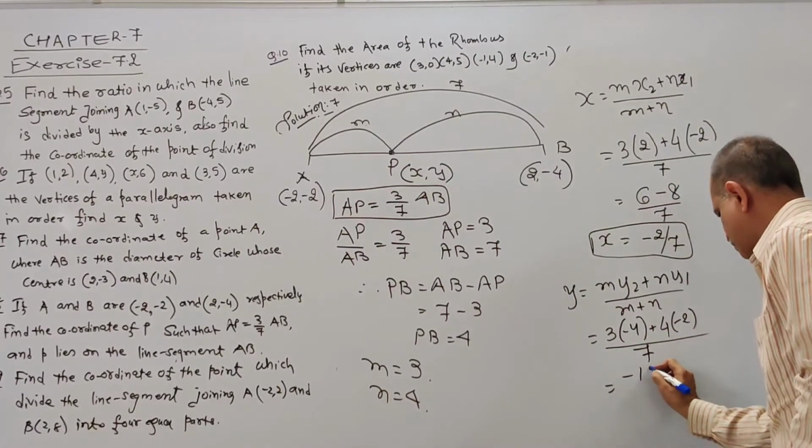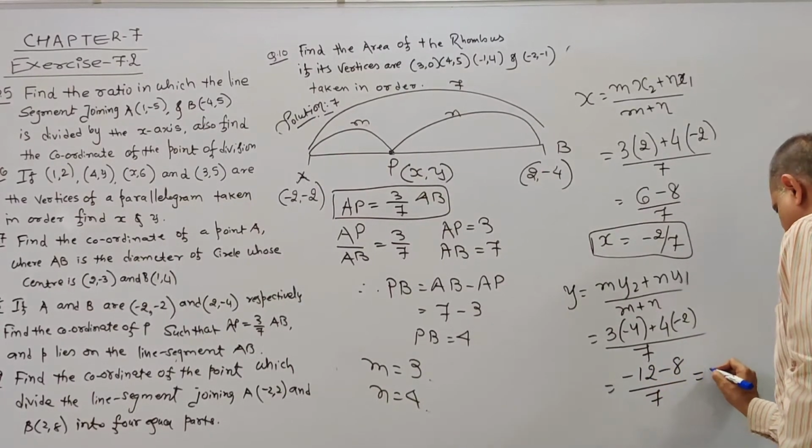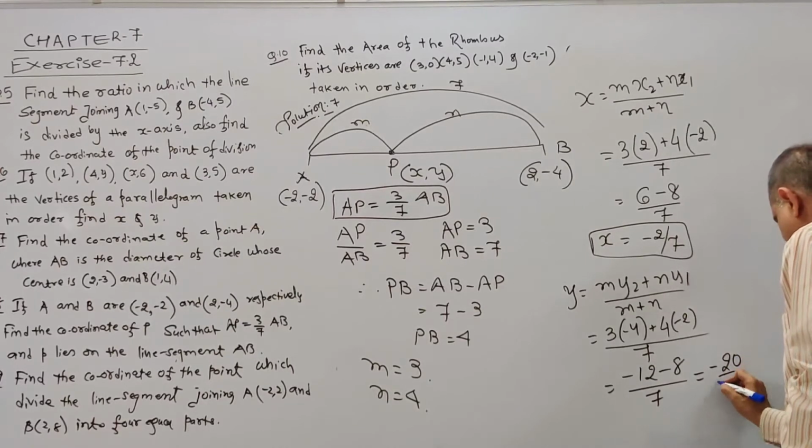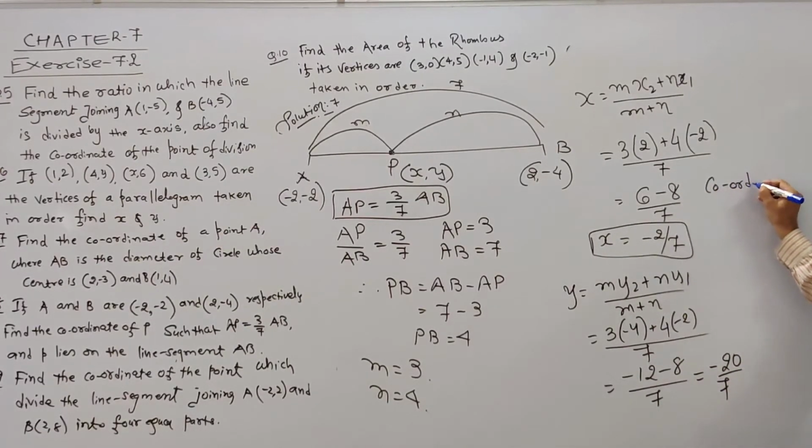So minus 12 minus 8 by 7 is equal to minus 20 by 7. Therefore, the conclusion is the coordinate of point P is x means minus 2 by 7 and y minus 20 by 7.